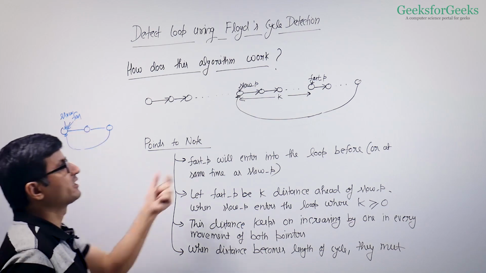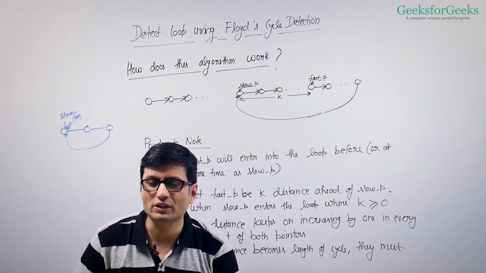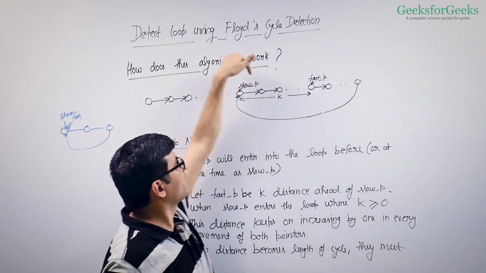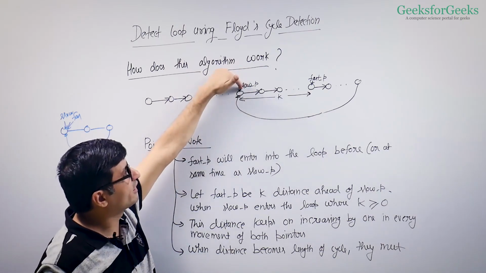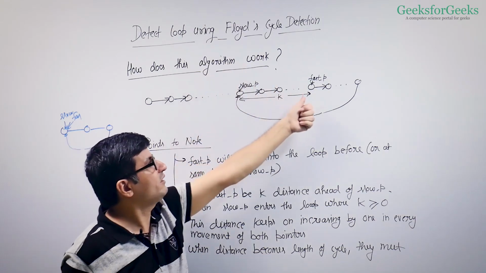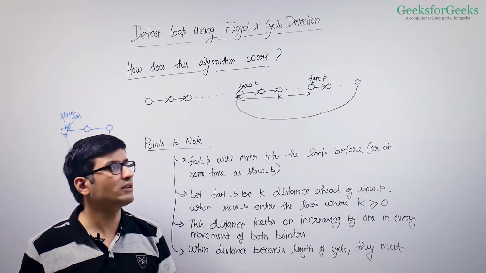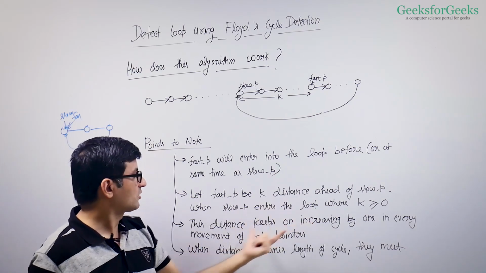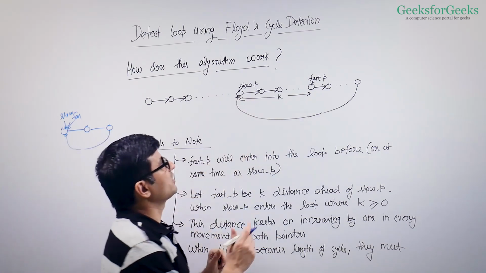But if your linked list is like this, then your fast pointer is going to reach inside the loop first. So when the fast pointer is already inside the loop, the slow pointer is about to enter the loop. So when the slow pointer is here, the fast pointer must have been here, where k is greater than or equal to 0, right? That's what I've written in the second point. So there must be some distance k where k is greater than or equal to 0.